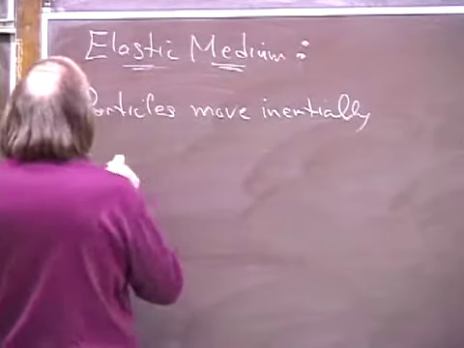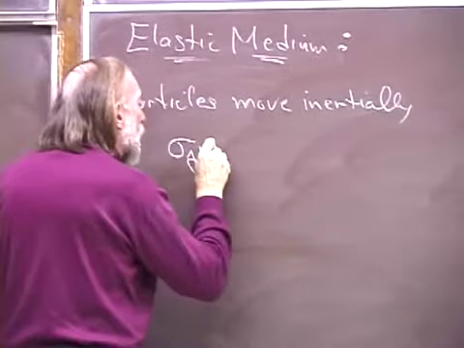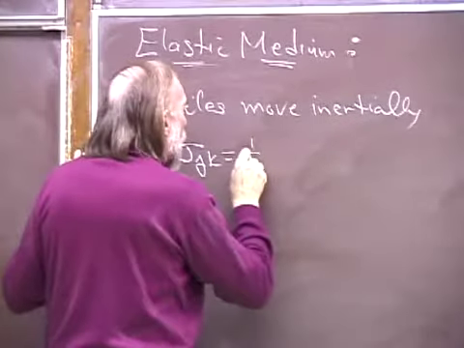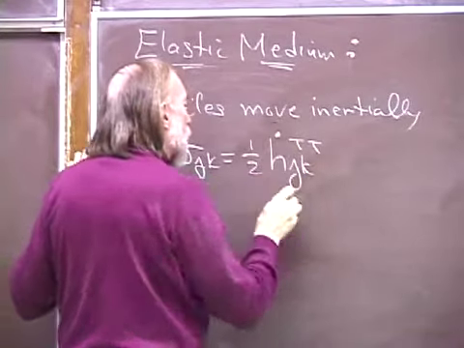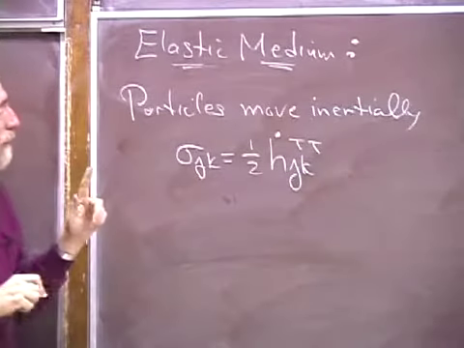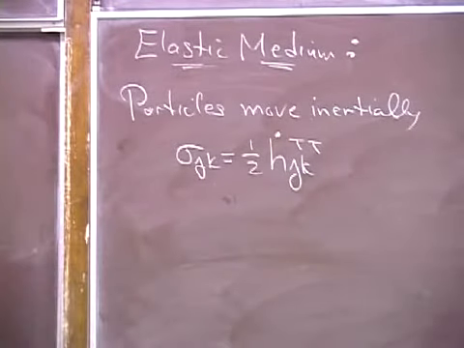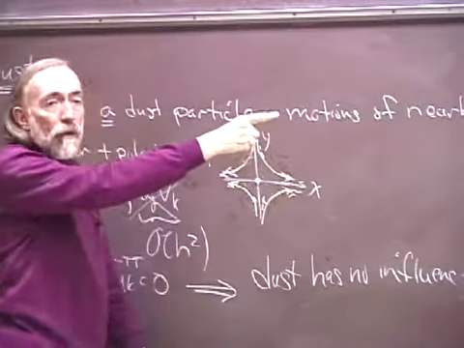Once again, we will have a rate of shear, sigma jk, which is going to be 1/2 hjk transverse traceless with one time derivative for the rate of shear. But for elasticity, the thing that you resist is not the rate of relative motion of these fluid elements, but just their displacement, which is the time integral of the rate of shear.